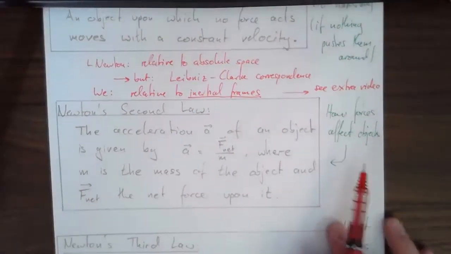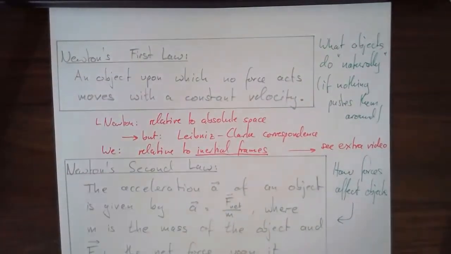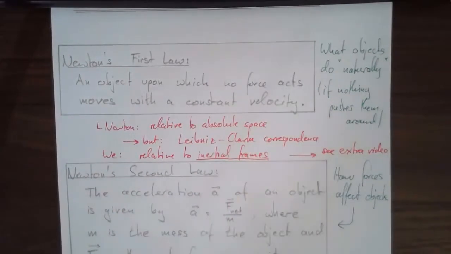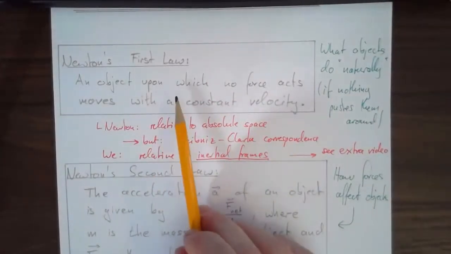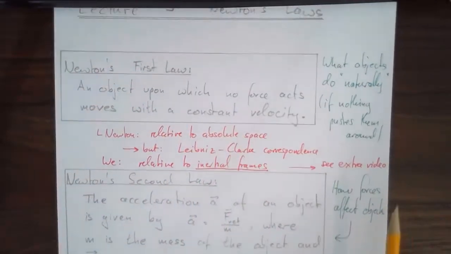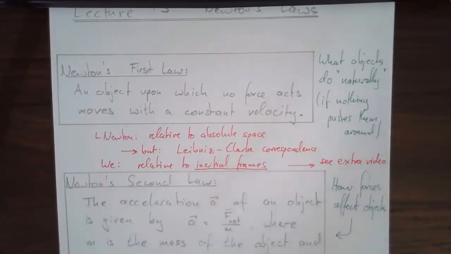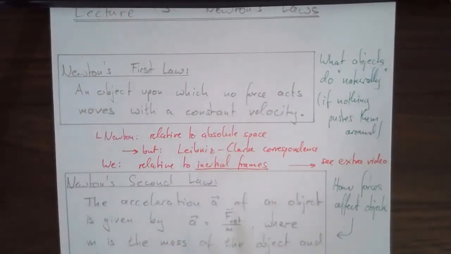Okay, so one thing I want to say about Newton's first law, though, is that it is not necessarily intuitive. Why is it not intuitive? So on Earth, stuff doesn't seem to be moving with a constant velocity. I give a ball a kick, and it rolls across my front yard.